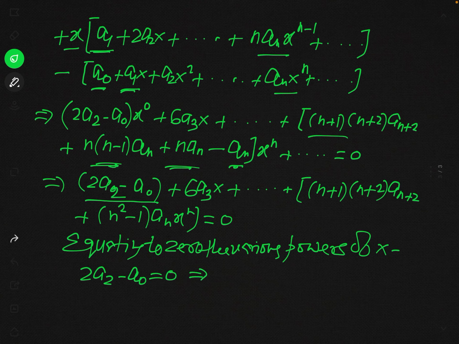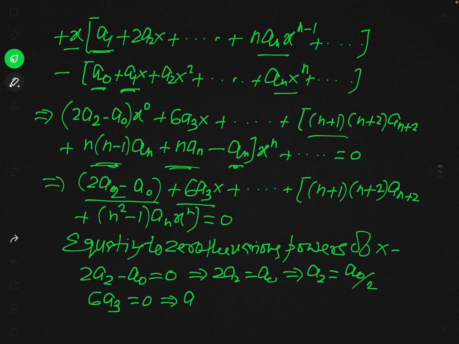From here you can see that 2a2 is equal to a0, so a2 will be equal to a0 over 2. Now we will equate the coefficient of x to 0. This will be 6a3 equal to 0, and this implies a3 is simply equal to 0.